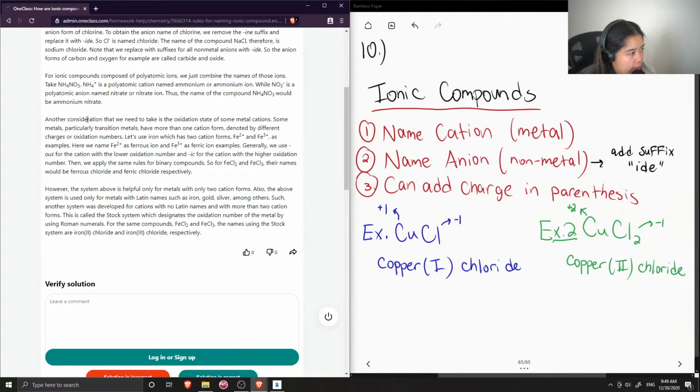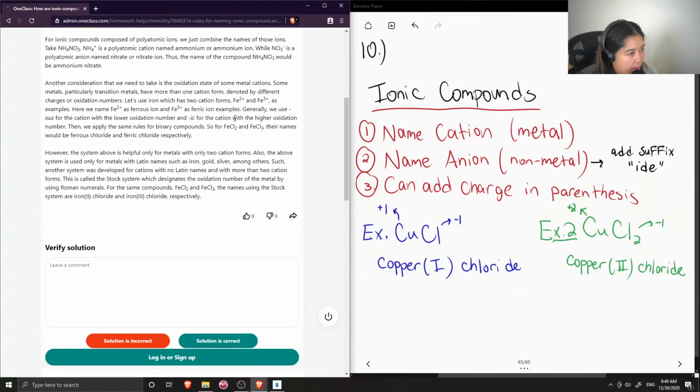And then another consideration we need to take is the oxidation state of some metal cations. So they show that iron can have 2 cation forms, Fe2+ and Fe3+. The name Fe2+ is also known as the ferrous ion.